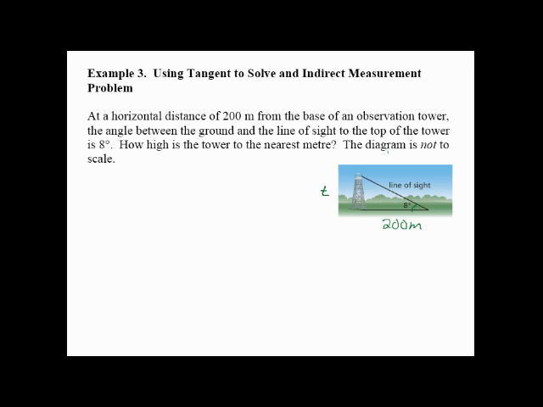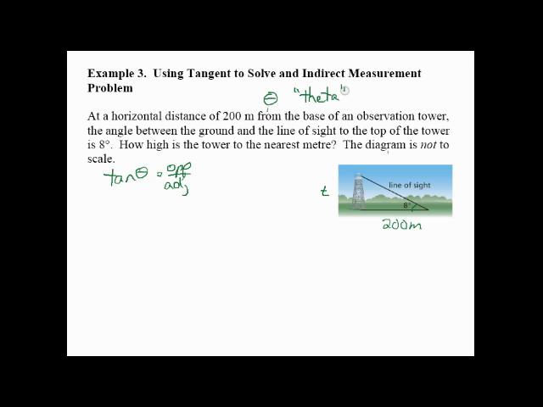Okay, so I'm going to introduce another piece of notation here, which is when you're writing your tan, I always go tan theta equals opposite over adjacent. Theta is the Greek letter theta, and think of it as a variable that's used for angles. It's just tangent of any angle is opposite over adjacent.